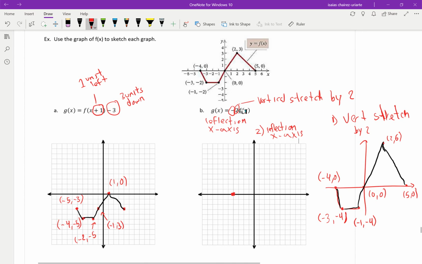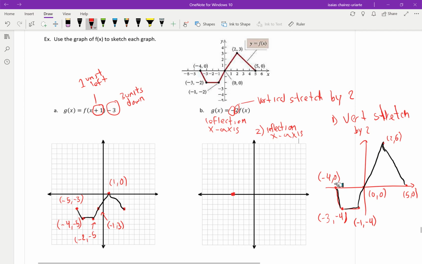We had 2 transformations: a reflection on the x-axis and a vertical stretch by 2. The first transformation that I did was the vertical stretch by 2. I multiplied all my y coordinates by 2, stretched my graph out, and now, looking at that graph of the stretch, I'm going to reflect on the x-axis.